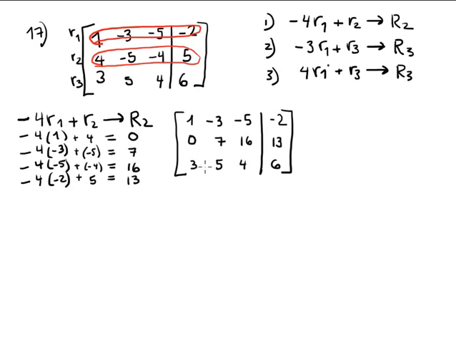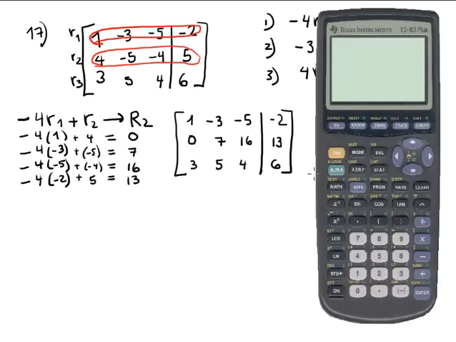And now let me try to check this answer using the calculator. On the calculator, clear everything. You go to the matrix environment with second matrix, and you go to edit, and you edit, for example, the first one, which is matrix A. The dimension of this matrix is 3 by 4, 3 rows and 4 columns.